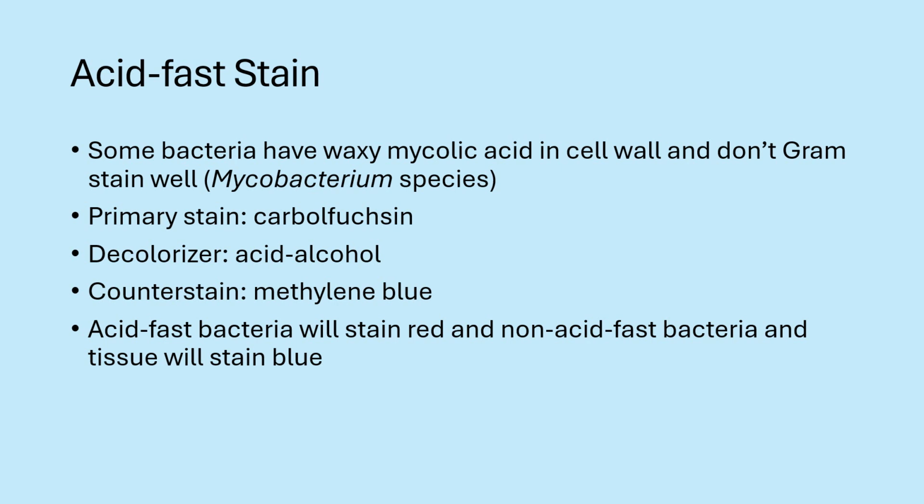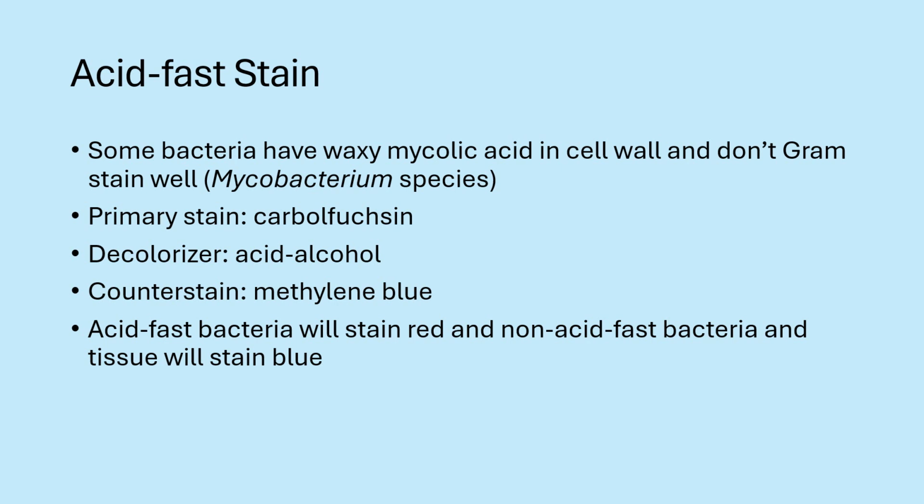In this case, you would heat fix your sample, then you add your primary stain, which is carbolfuchsin. This is a red stain. You have to heat this. This is a little more time consuming than the gram stain because you have to heat it for 3 minutes. You can't let it dry out while it's heating.